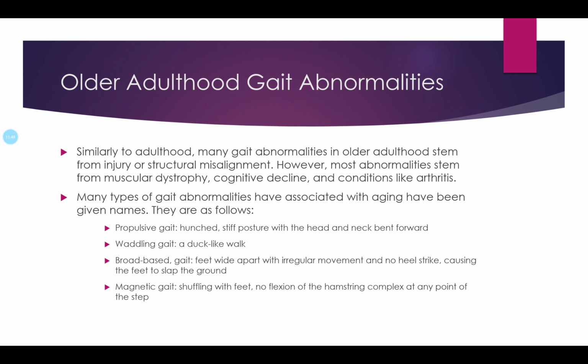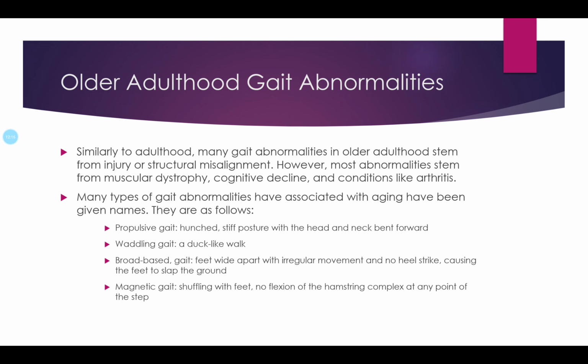Abnormalities. Similarly to adulthood, many gait abnormalities in older adulthood stem from injury or structural misalignment. But most abnormalities stem from muscular dystrophy or muscle loss, cognitive decline, and conditions that develop with age, such as arthritis. Many types of gait abnormalities associated with aging have been given names, and they are as follows.